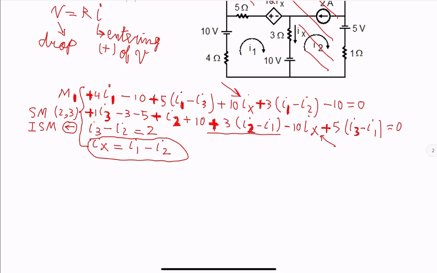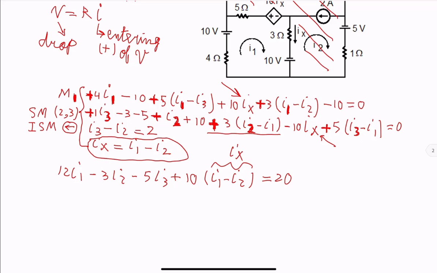So let's simplify this a little bit. Simplify the first equation and we substitute at the same time for ix. So we get 12i1 minus 3i2 minus 5i3 plus 10ix, which is I1 minus I2. So we're substituting for ix, equal to 20.